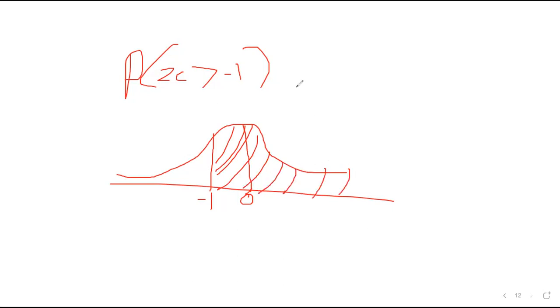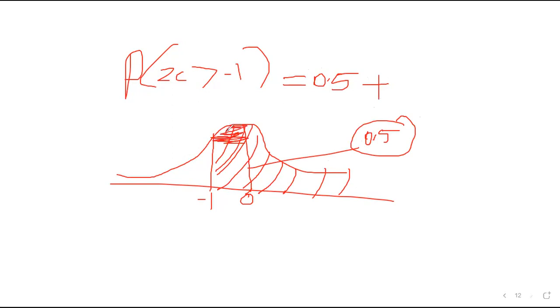So it will be the 0.5 that you have shaded, plus the probability of this area here, which is 0.3413. So it will give us 0.8413.